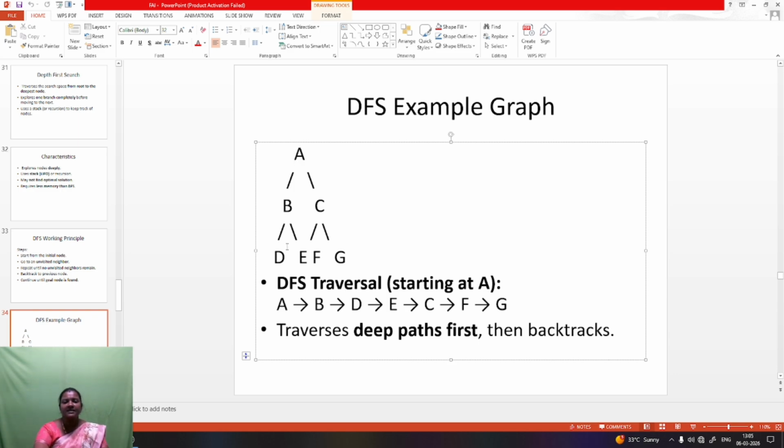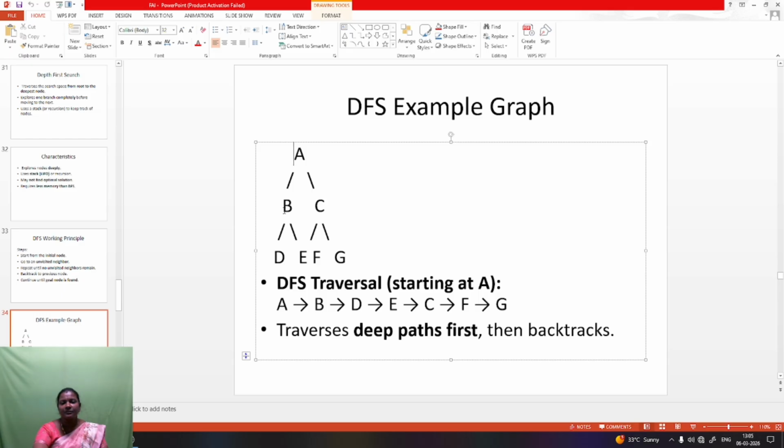Yes, here is one node called D, an unvisited node. Then we put D. Here in D we are at a dead end, so we have to backtrack to node B.